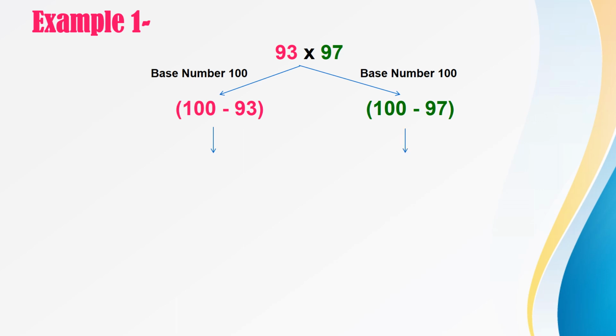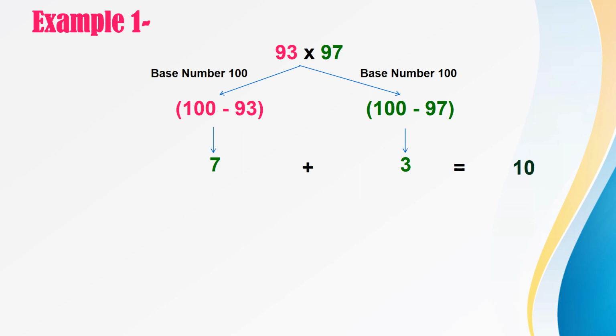This gives us the answers 7 and 3. So, the distance of 93 from 100 is 7 and the distance of 97 from 100 is 3. Now, add 7 and 3, which gives the sum 10.